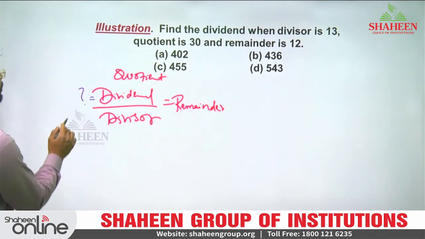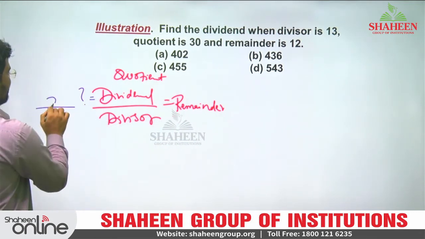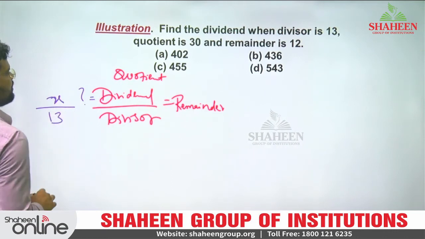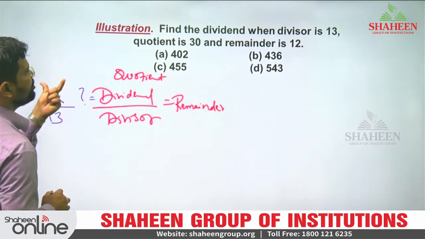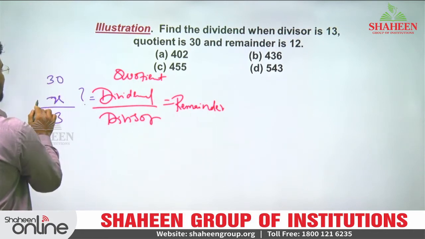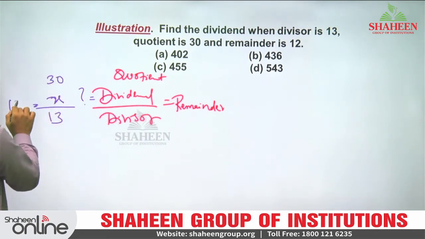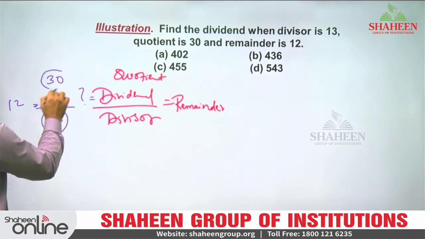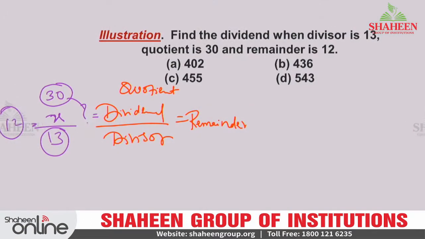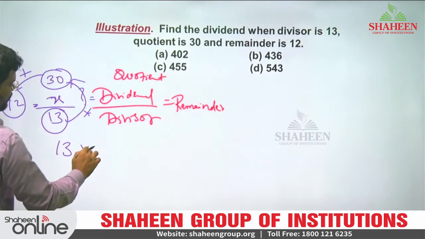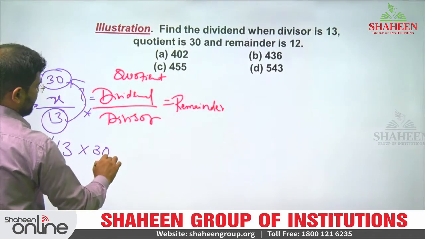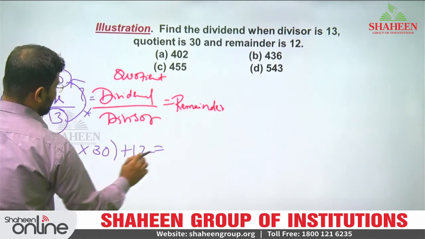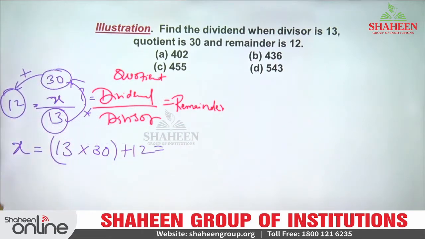When the divisor is 13, let me say x is the dividend. Quotient is 30 and remainder is 12. Simply, what is 13 into 30 plus 12? 13 into 30 plus 12 is equal to x.